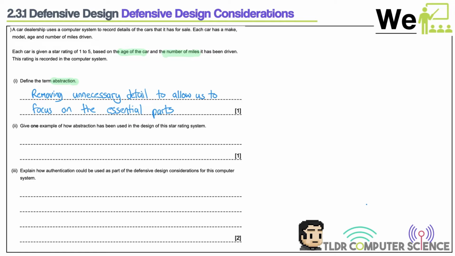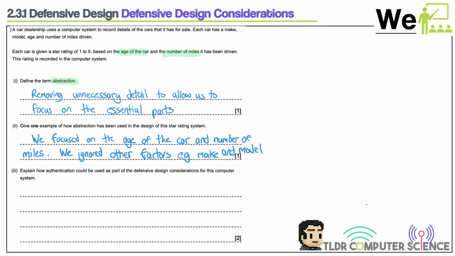So now we can talk about, okay, well, what sort of thing were we not using? Well, we focused on the age of the car and the number of miles. So what did we not focus on? Well, we're holding information like their make, model, age, and number of miles. Age and number of miles we focused on, so it must mean that we didn't consider the make and model. So we ignored other factors such as make and model. Great. Okay, let's move on now.